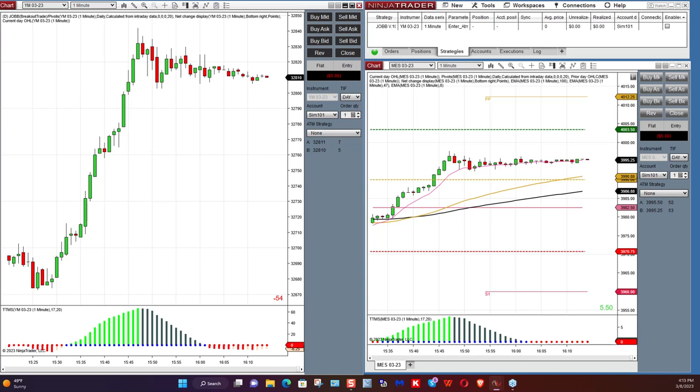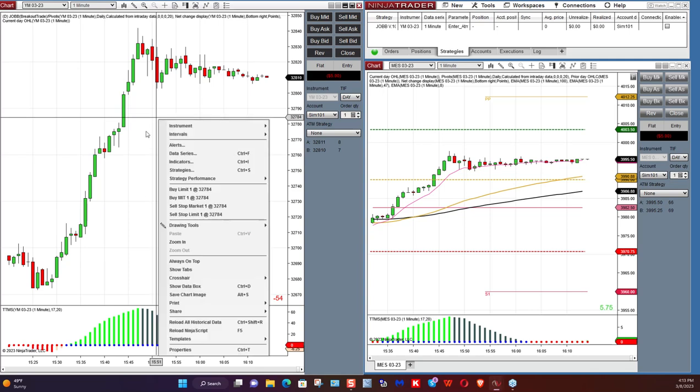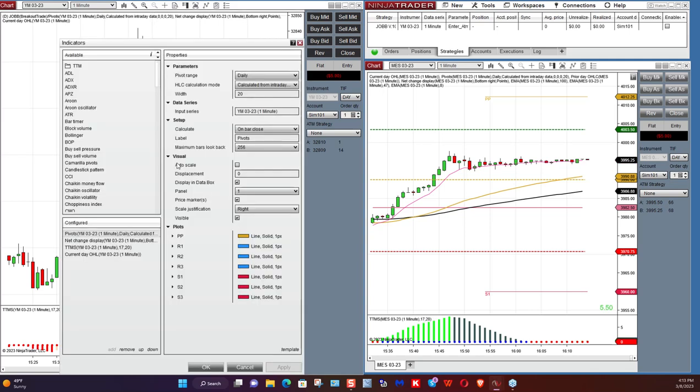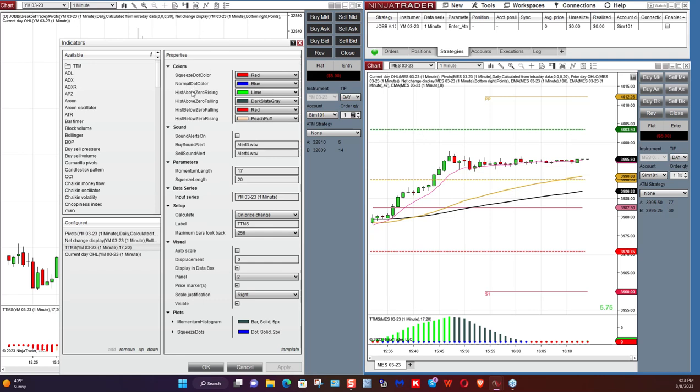And the way that I have my colors set, just so you know, the important ones are above zero rising, above zero falling, below zero falling, below zero rising.